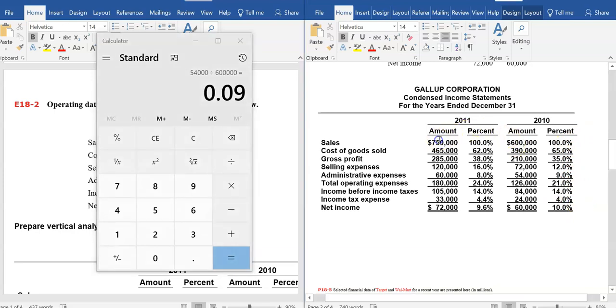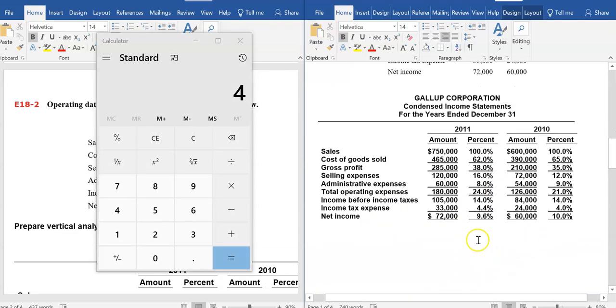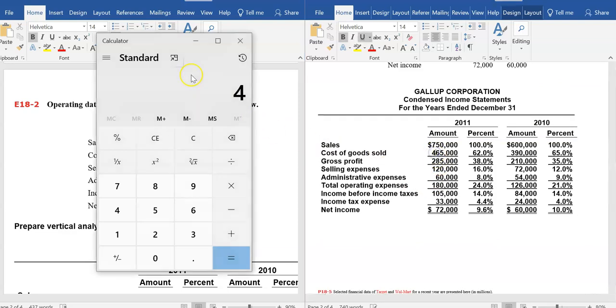Okay. We would come over here and do the same thing for 2011. The base amount would be 2011 sales of $750,000. Taking each line item, $465,000, oops, sorry, I meant to do that over here. $465,000 divided by 750,000 in sales.